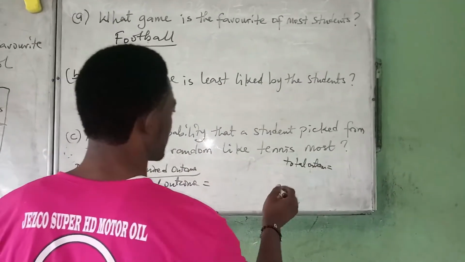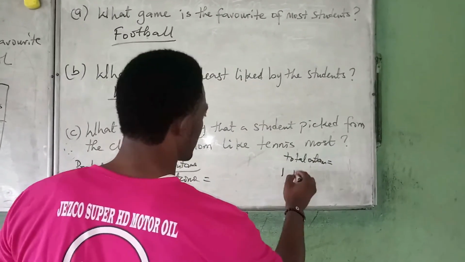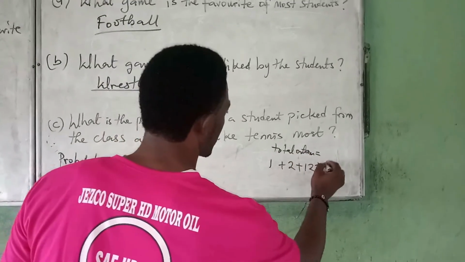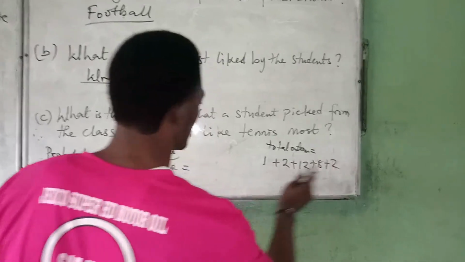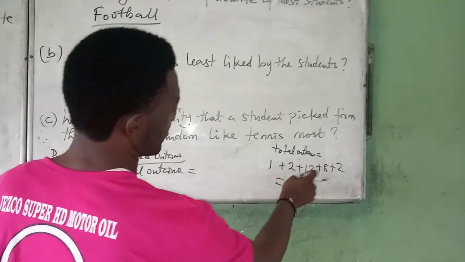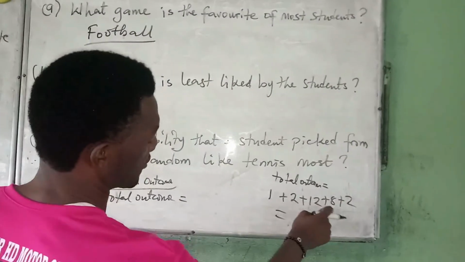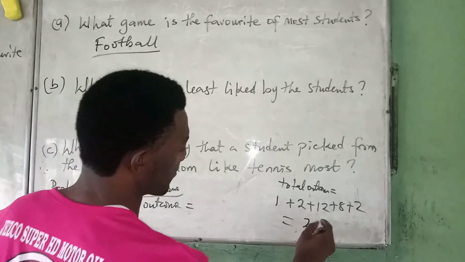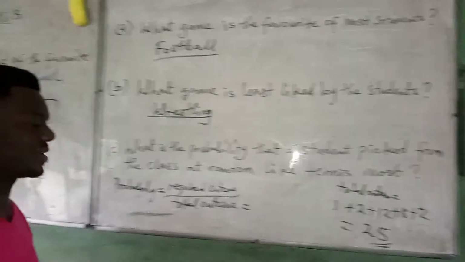We calculate first of all the total outcome, which is 1 plus 2 plus 12 plus 8 plus 2. 1 plus 2, we have 3, plus 12, we have 15, plus 8, we have 23, plus 2, we have 25. So the total outcome is 25.